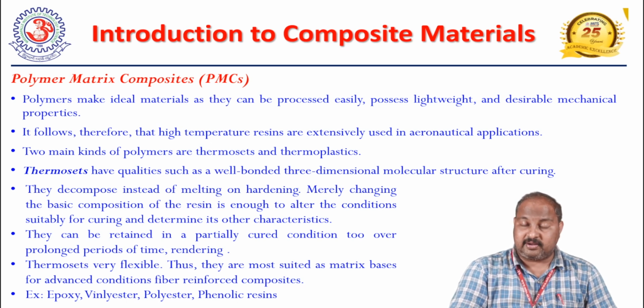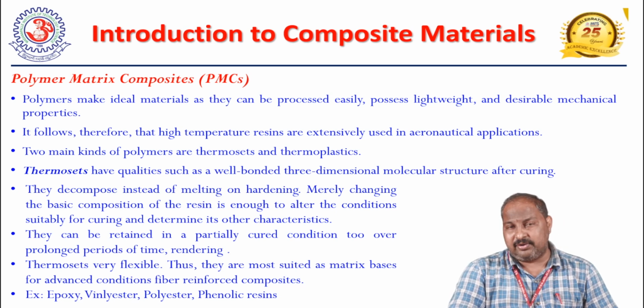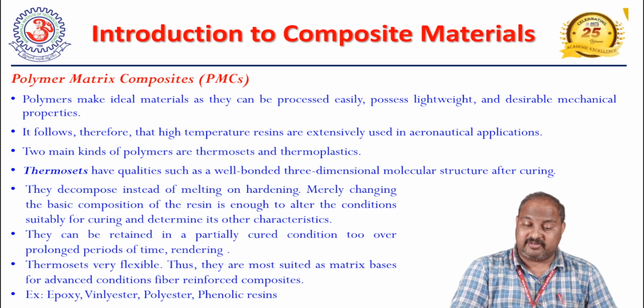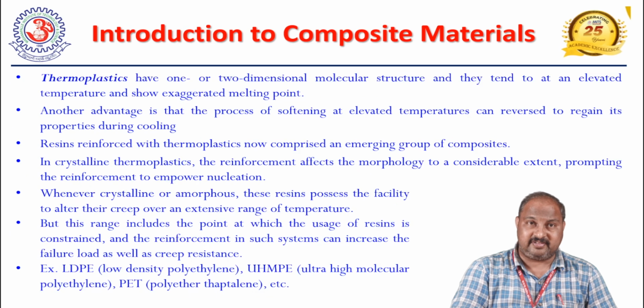For example, we can store it at the pre-impregnation stage under refrigerated conditions, and whenever we want it as a component, we can use it as a laminar layer and make laminated composites. Thermosets are very feasible and flexible, thus they are most suited as matrix bases for advanced fiber reinforced composites also. Some examples of thermoset polymers are epoxy, vinyl ester, polyester, and phenolic resins.